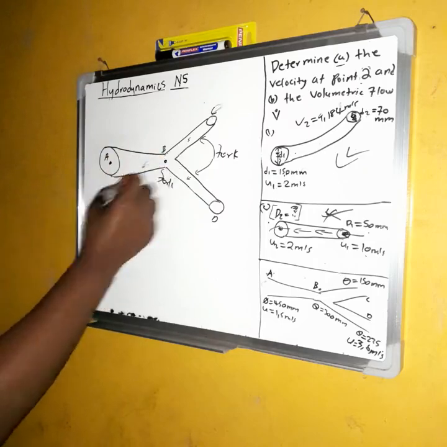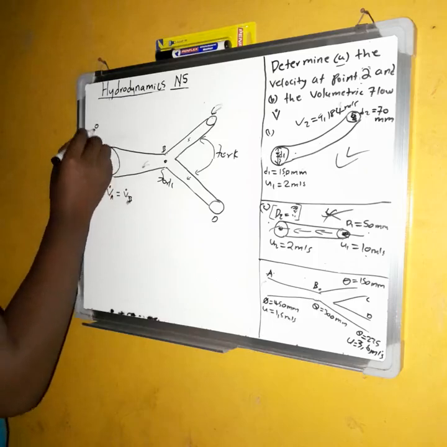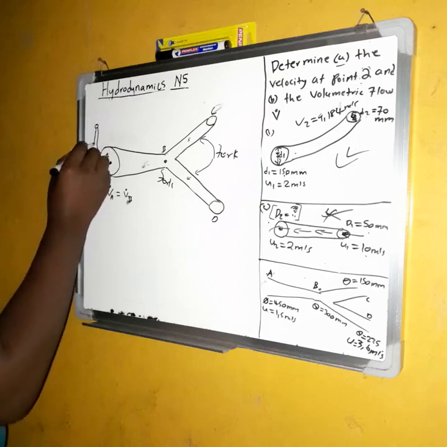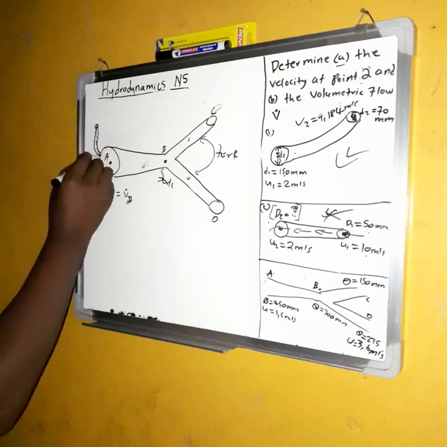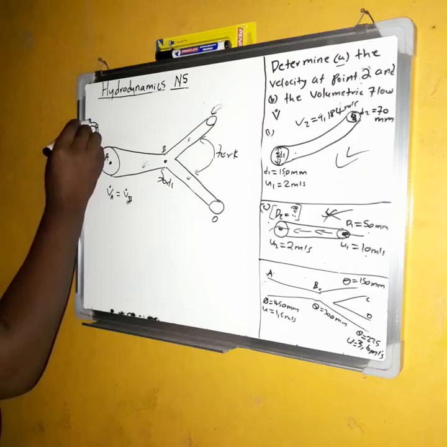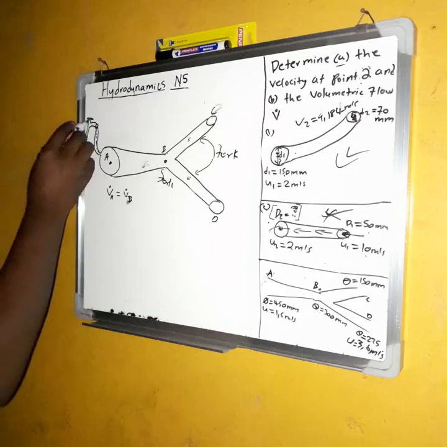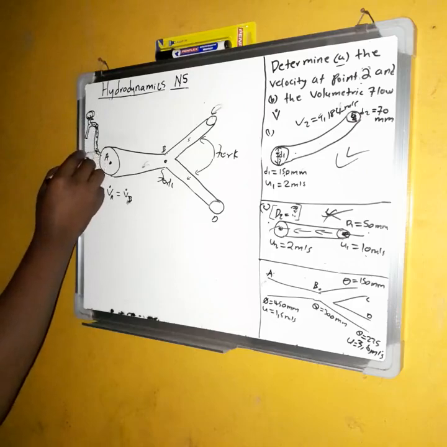But here, let's say we have a tap, and you connect a pipe here. This pipe is used to channel water from the tank, from the tap. So you open this tap, there will be water.